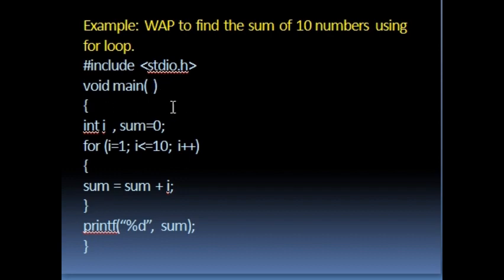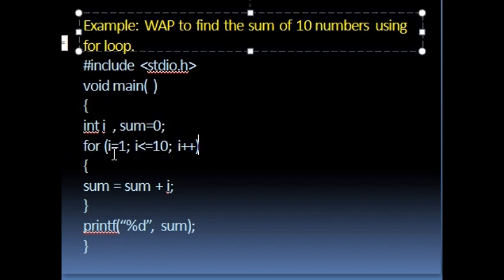Whatever you are taking inside these braces should be the sum of 10 numbers. Sum of 10 numbers means in the for loop we do initialization as 1, and the test condition for the control variable is i less than or equal to 10, and i++ is the increment.